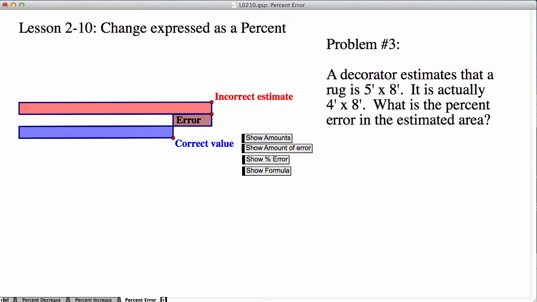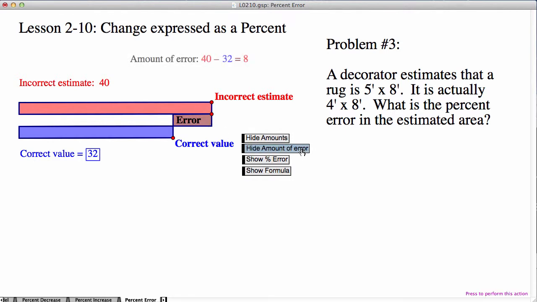Well, the correct area is 32 square feet, and the incorrect area is 40 square feet. So we want to know what the error is as a percent. The amount of the error is 8 square feet, and let's use the formula.